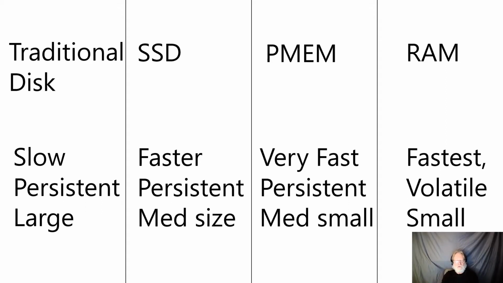So you have slow, faster, very fast, fastest; persistent, persistent, persistent, volatile; large, medium, medium, small, small. So you have a lot of different options here, and it's starting to be very blurred. That line that was so crisp is now very blurred. So we need to step back and ask ourselves if we're really doing the right thing in the way that we have designed the database systems.